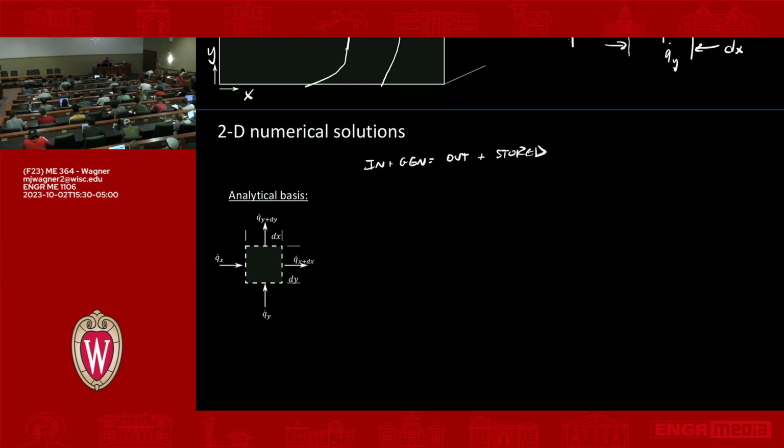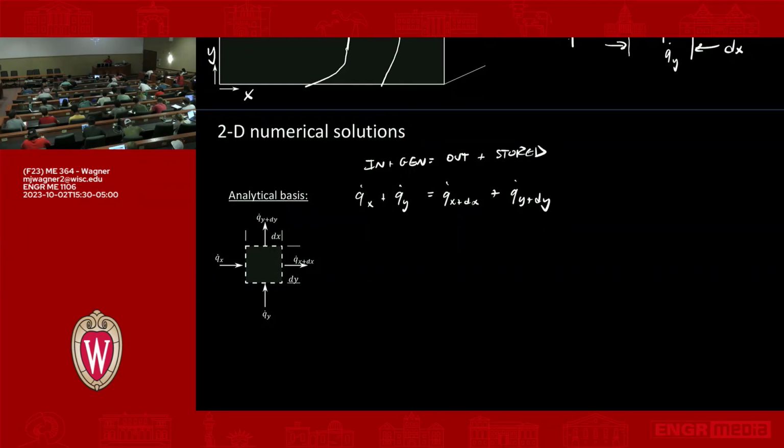Coming in, we have q dot x. We also have q dot y now. This is different. So q dot x plus q dot y are both coming in. Leaving, we have q dot at x plus dx plus q dot at y plus dy.